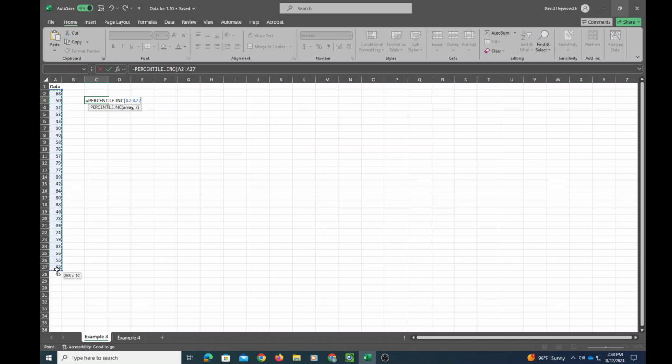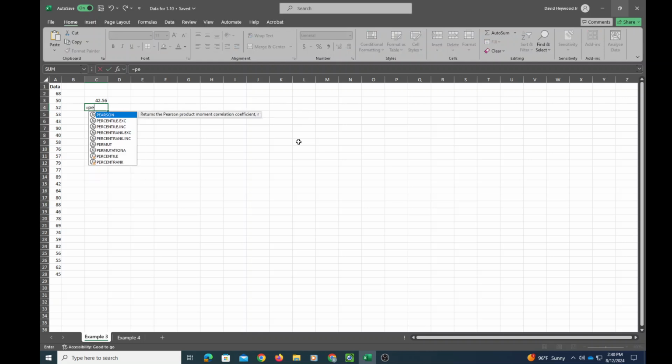I'm just going to click and drag, and then I'm going to hit comma, and put the percentile rank that I want, which is the 6th percentile. So there you go. This is the value that would be at the 6th percentile. A 42.56.